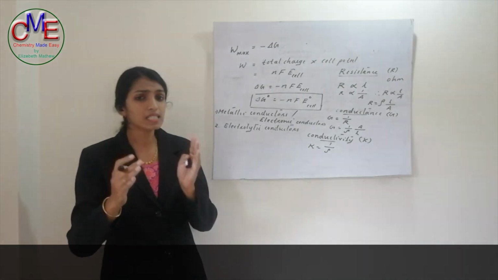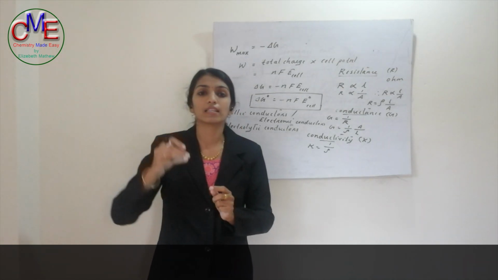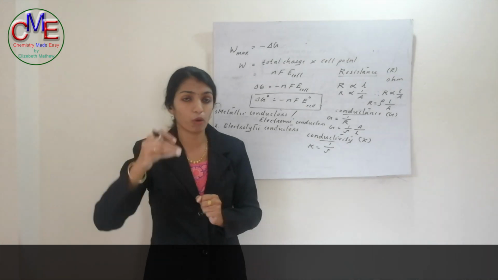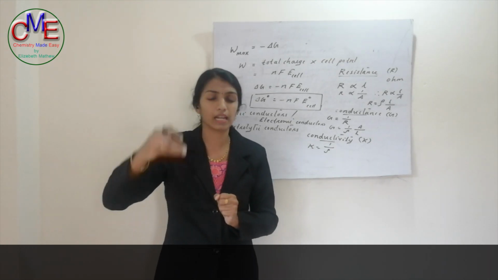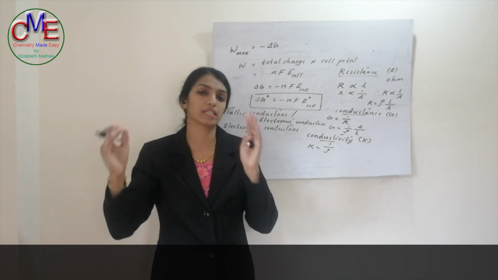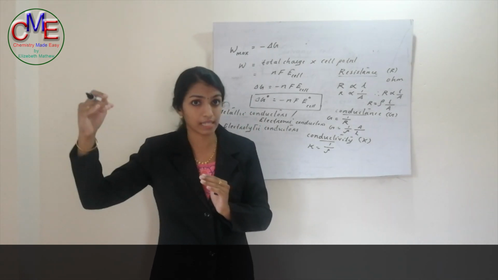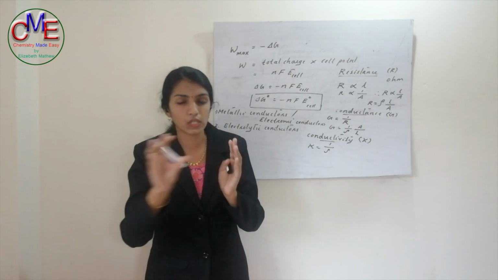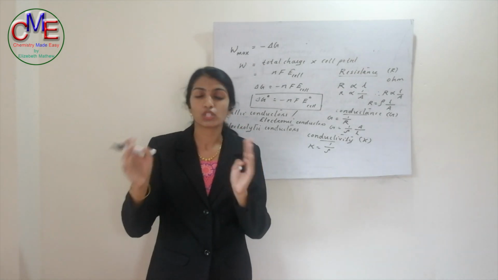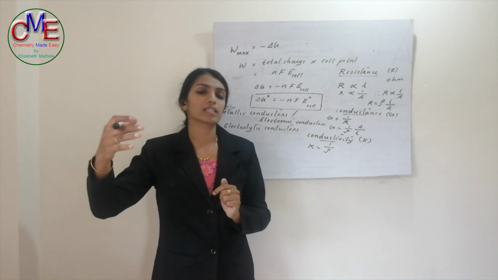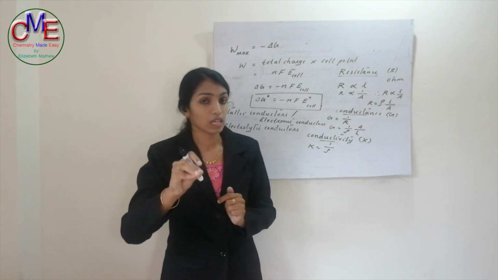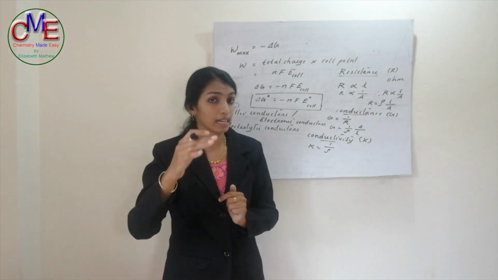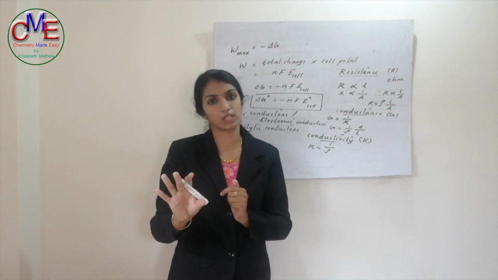Why? As temperature increases, the metal atoms present in that metal rod start vibrating. As a result of that vibration, there exists a resistance. So, as temperature increases, the conductivity value in the case of metallic conductors decreases.